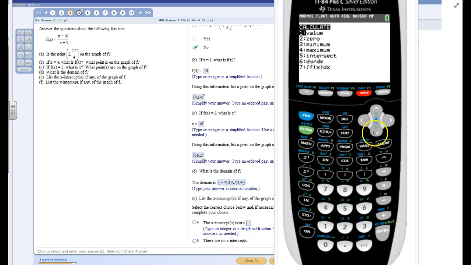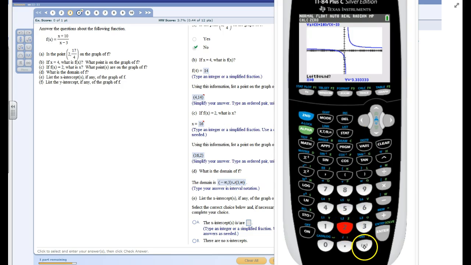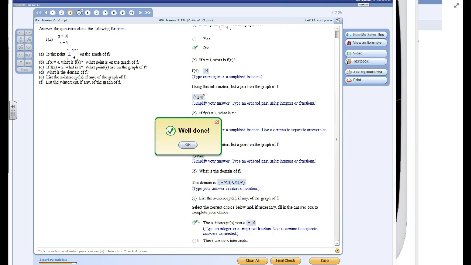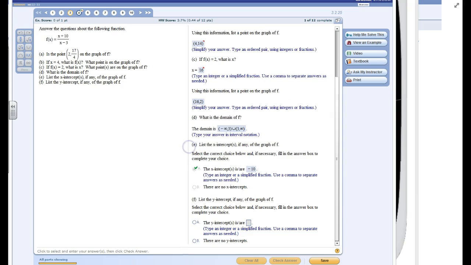Sorry, to find the zeros, you want to choose number 2. So I'll guess to the left, negative 30. I'll guess to the right, which is 0, and my guess for the x-intercept is around negative 10. And oh, I happened to guess correctly. This looks like it's well done.